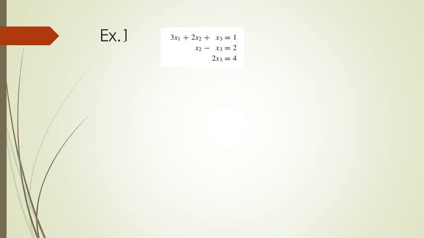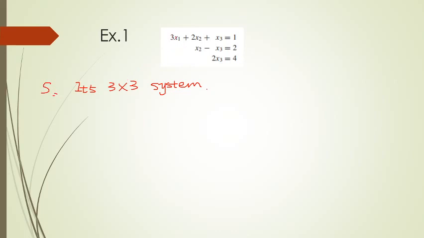For example, example one. This is a strict triangular form. Everyone is clear? Of course, this is a 3 by 3 system, 3 equations and 3 variables, right? Why is it a strict triangular form?